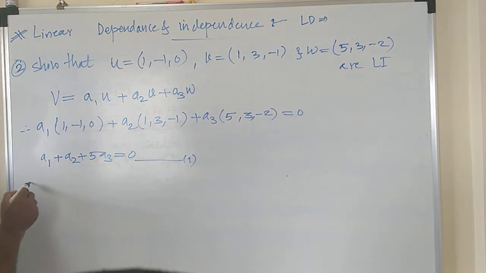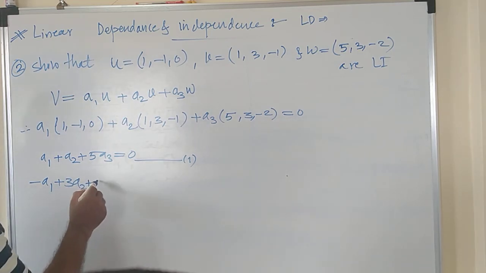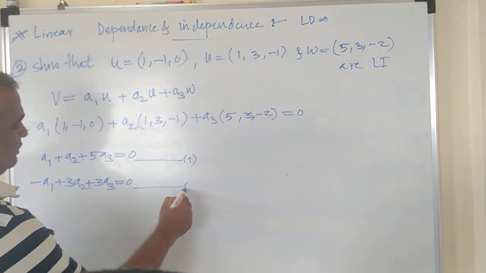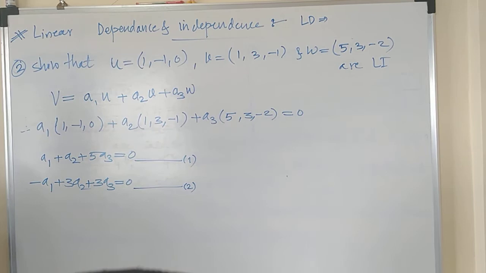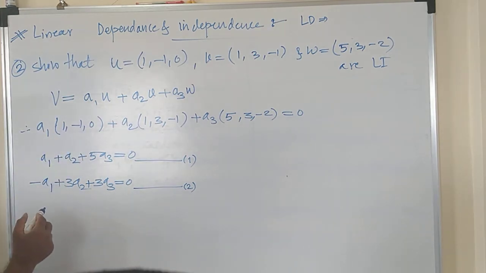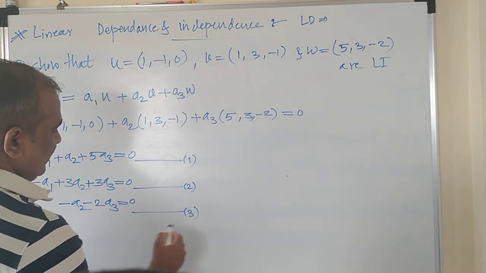Similarly, you can write the second equation, minus a1 plus 3a2 plus 3a3 equals 0. This is our equation number 2. And equation number 3 is 0 minus a2 minus 2a3 equals 0. This is equation number 3.